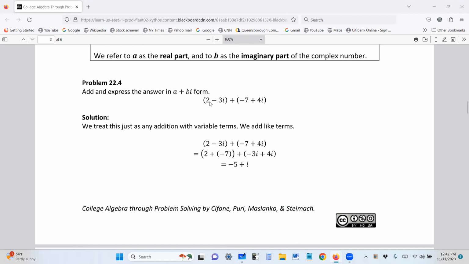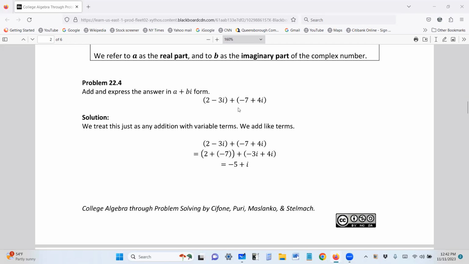If I had, for example, 2 minus 3i plus minus 7 plus 4i, we combine like terms. So the 2 and minus 7 go together to give you a minus 5, and the minus 3i plus 4i get combined to give you a positive 1i or just i. So the final answer will be, as you see here, minus 5 plus i.